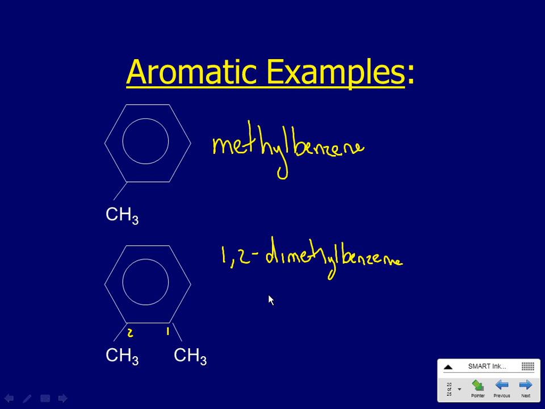The other way in which we name this, when they're together beside each other, the prefix that chemists have used is ortho. They let that ortho prefix represent the fact that they're together. So this is sometimes called ortho, that's an H, ortho dimethylbenzene.